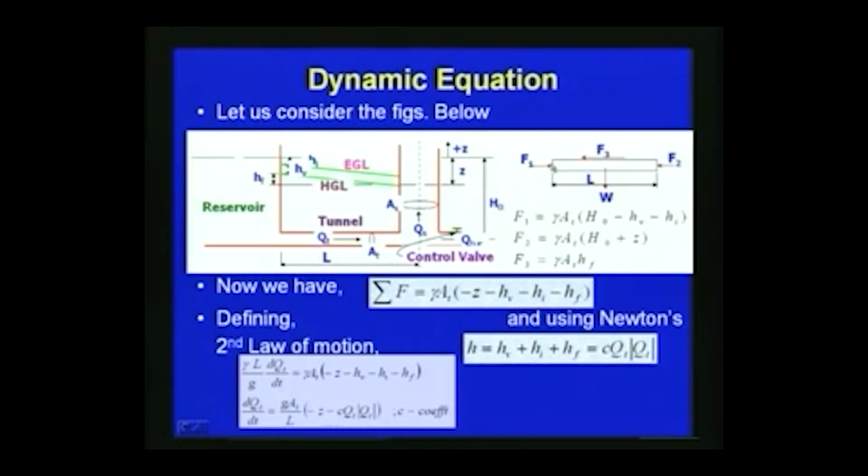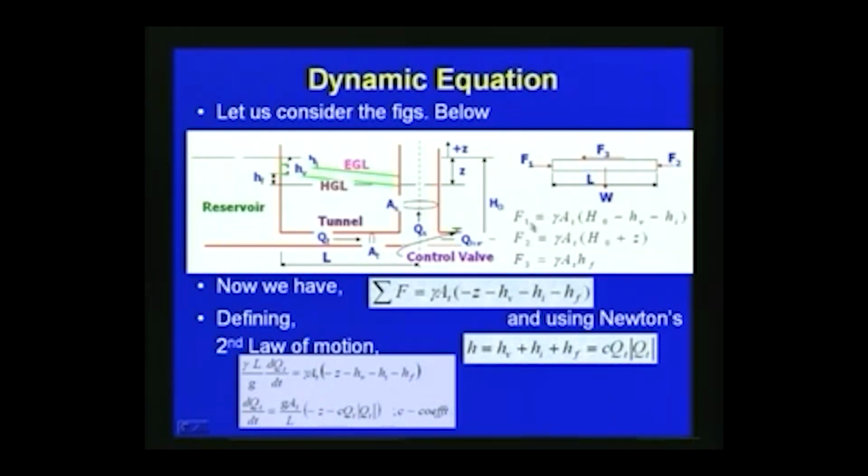Here the force on section 1 is given as F1 is equal to gamma AT, where AT is the cross section of the tunnel, into H0 minus HV minus HI. Here H0 is the initial head, HF is the head loss due to friction, and if we consider the energy gradient line, HV is the velocity head loss, and HI is the initial loss.